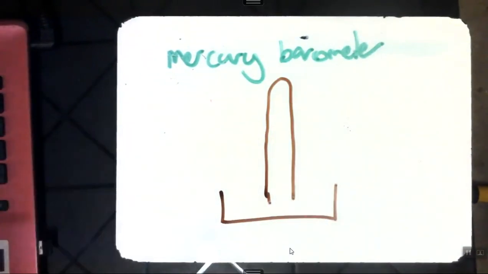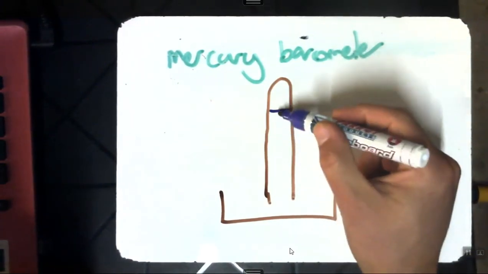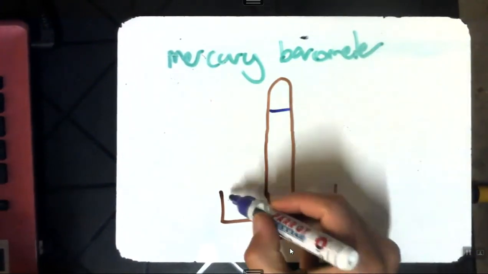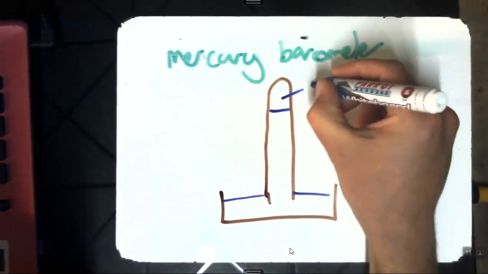Okay, so we basically have an upside down tube that was filled with mercury. Once it's turned upside down in the container, the mercury runs down and this becomes a vacuum.